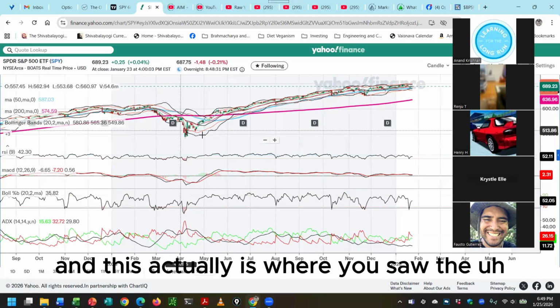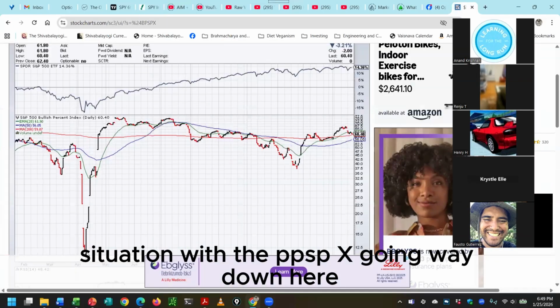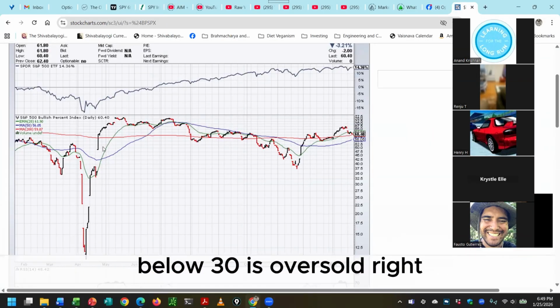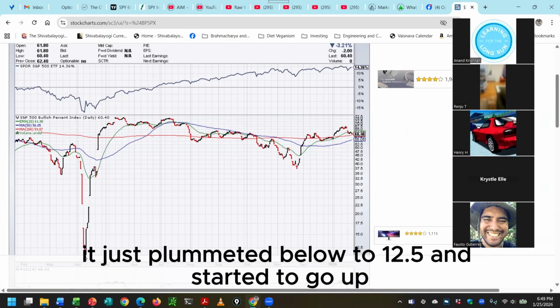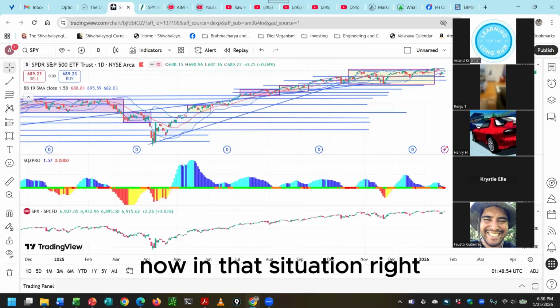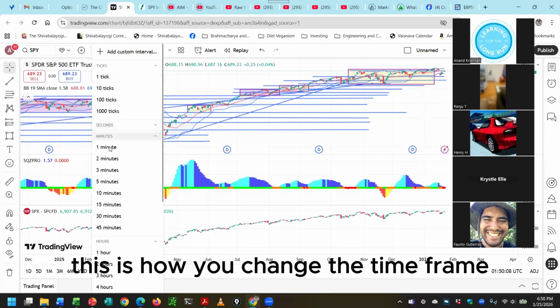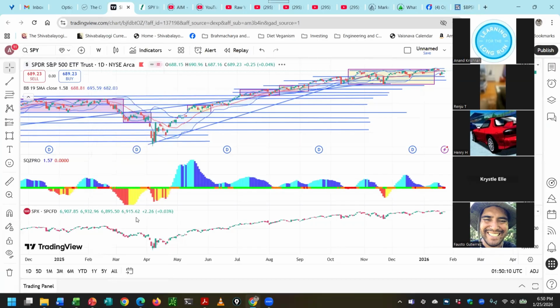And this is where you saw the situation with the BPSPX going way down here, below 12.5. Now, below 30 is oversold, but in this situation, it just plummeted below 12.5 and started to go up. In that situation, you would want to check, and in TradingView, this is how you change the time frame.